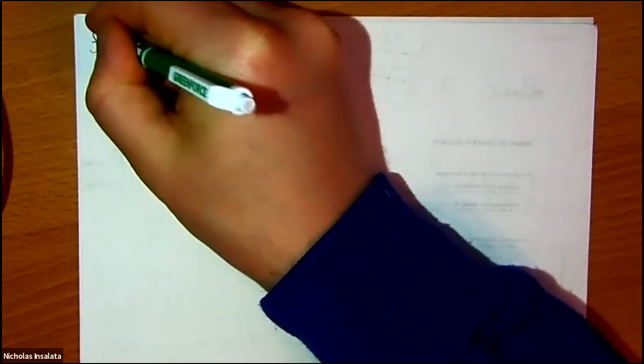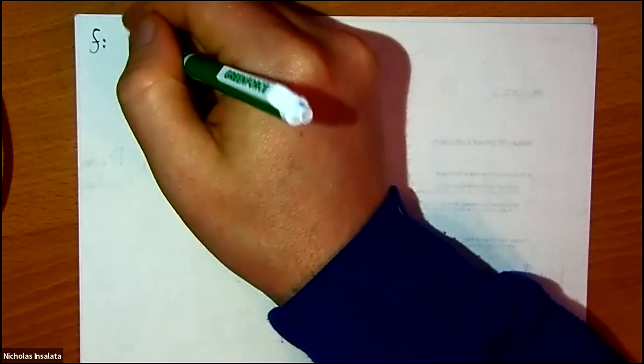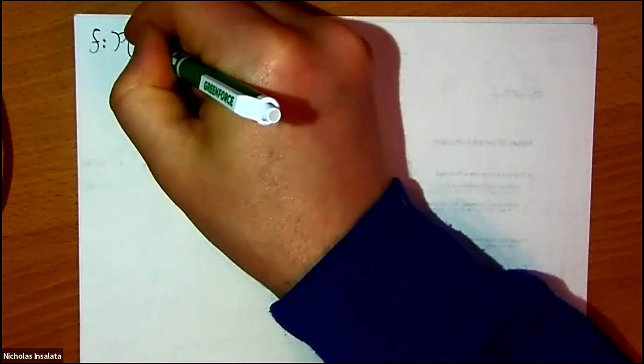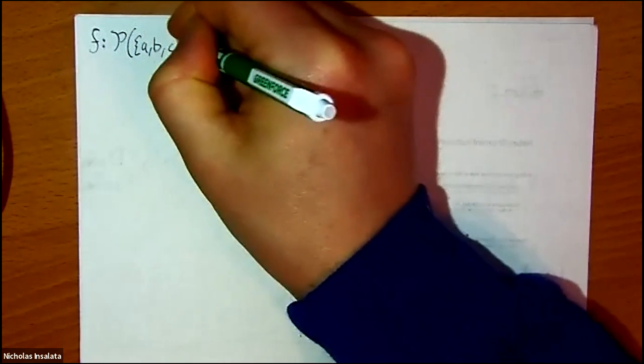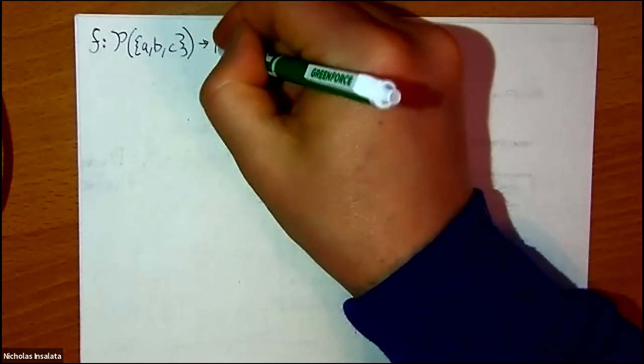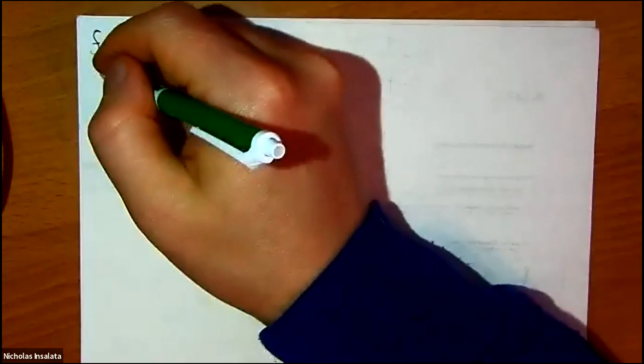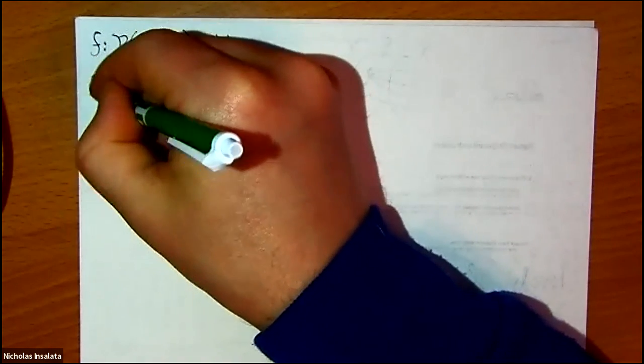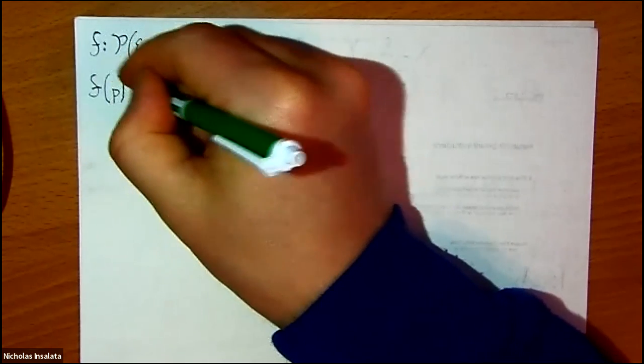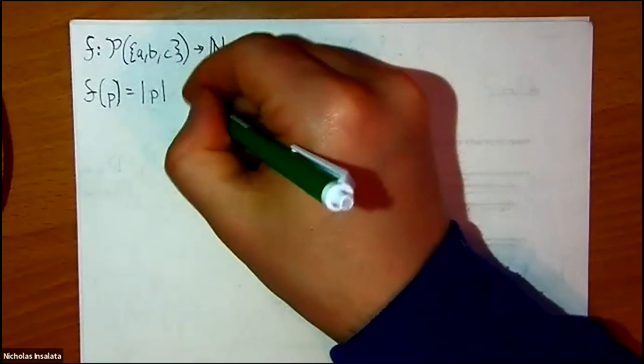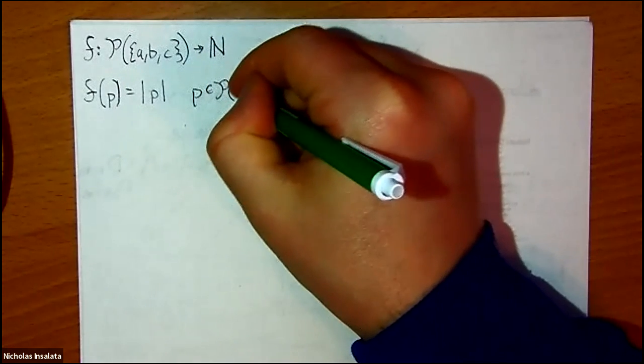So if we had f goes from the power set of the set ABC to the naturals, where f of p equals the size of p, where p is some element of the power set of 1, 2, 3. Then let's draw an arrow diagram, right?